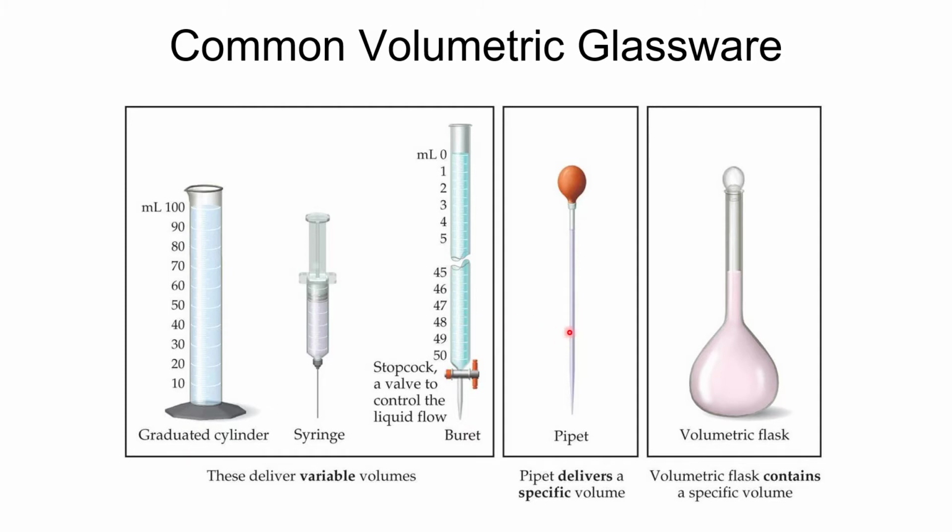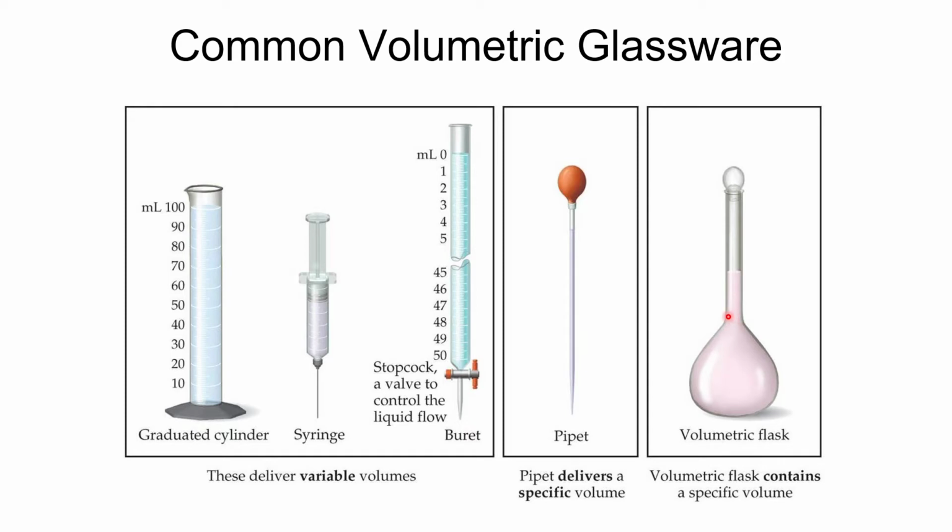Pipettes are really handy if you want to measure out and deliver a specific volume. You draw the liquid up, there's a mark, you draw the bottom of the meniscus to the mark, and then you just let the liquid drain, and that will deliver a very accurate amount of liquid. So pipettes are extremely handy.